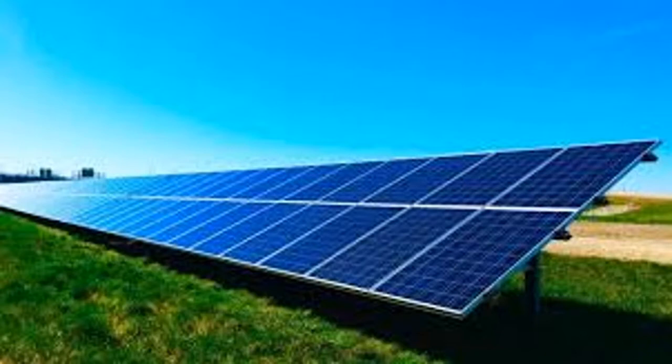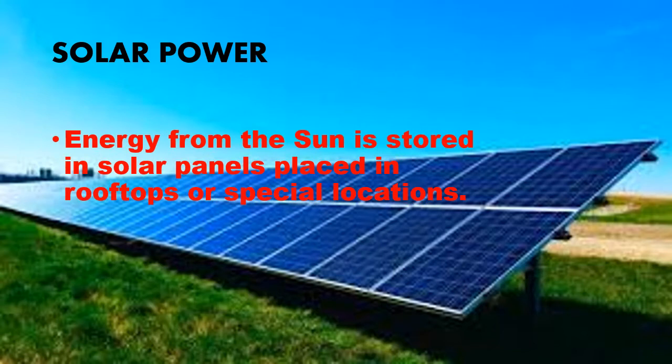Now another kind of power is solar power. Solar, as the name indicates, is the energy from the sun. Energy from the sun is stored in solar panels placed on rooftops or special locations. As you can see, these are the PV panels.